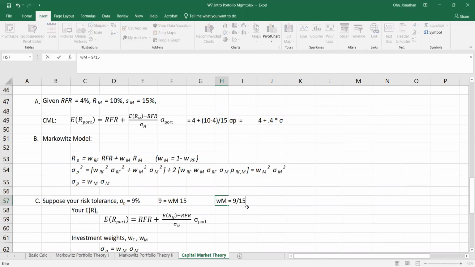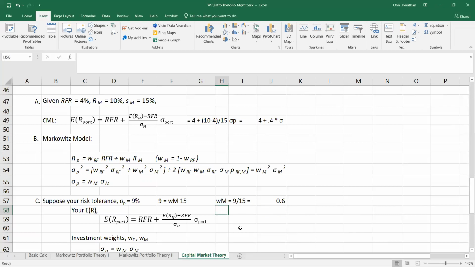So what do you have? 9 divided by 15 is 0.6, right? 60%.